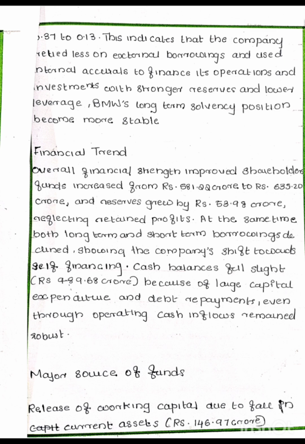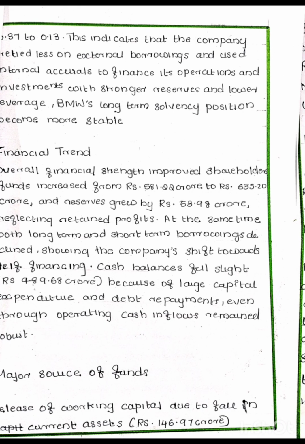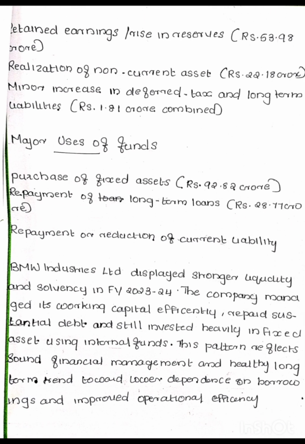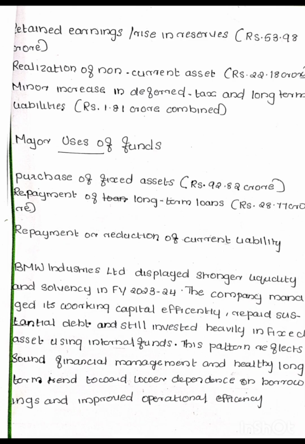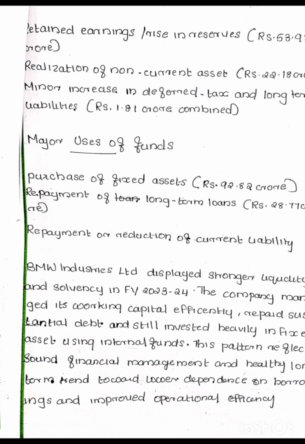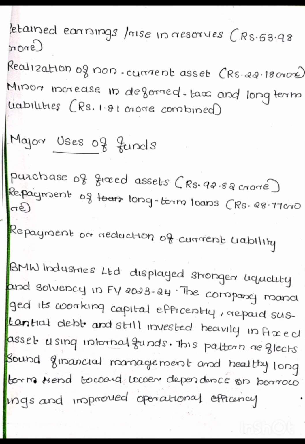So the major sources of funds are the reduction in working capital due to the fall in current assets of rupees 1406.97 crore, retained earnings or a rise in reserves of rupees 53.96 crore, realization of non-current assets 22.18 crore, then a minor increase in deferred tax and long-term liabilities of 1.81 crore.